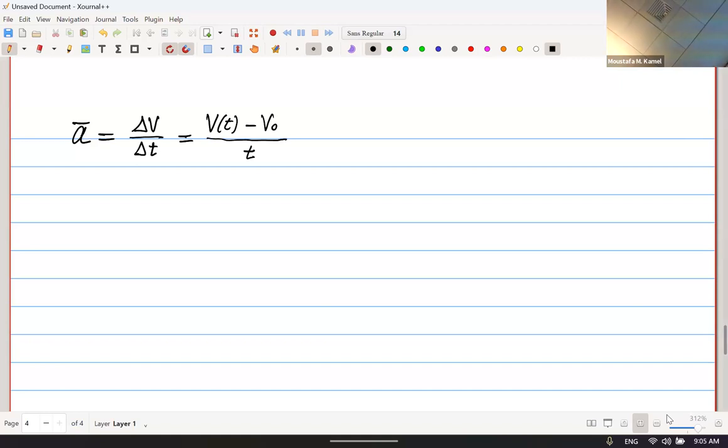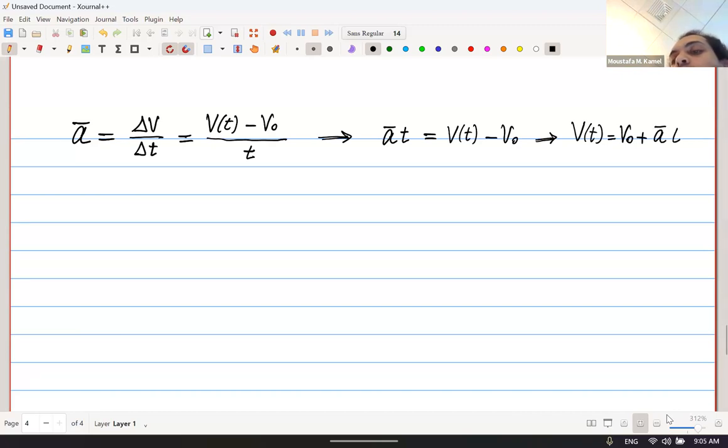Okay. By rearranging that equation, we can multiply both sides by t, so we get a bar t equals v of t minus v naught, and then by rearranging that, we get v of t equals v naught plus a bar t.